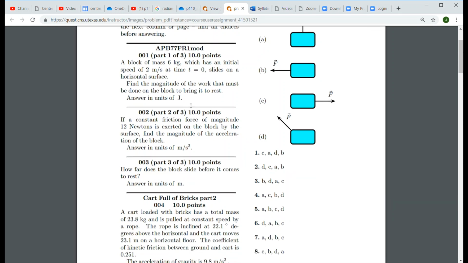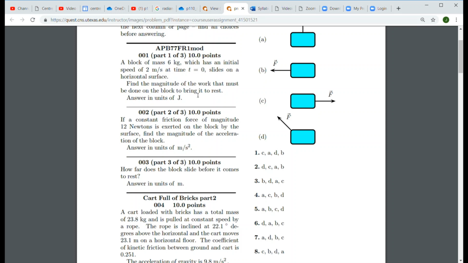Problem 2, which is part 2 of that problem: if a constant friction force of magnitude 12 newtons is exerted on the block by the surface, find the magnitude of the acceleration of the block. So here I think we're supposed to assume that the friction force is the only force that's bringing it to rest. So that net work in part 1 is being done by the friction force.